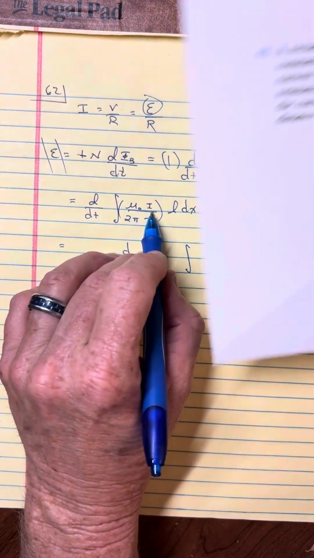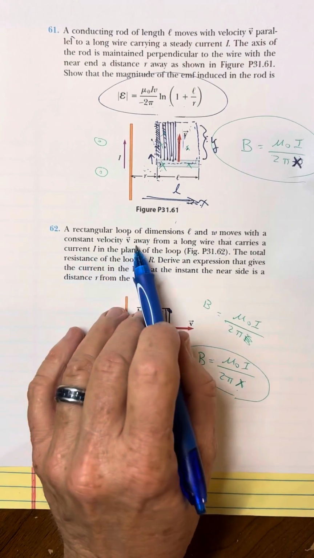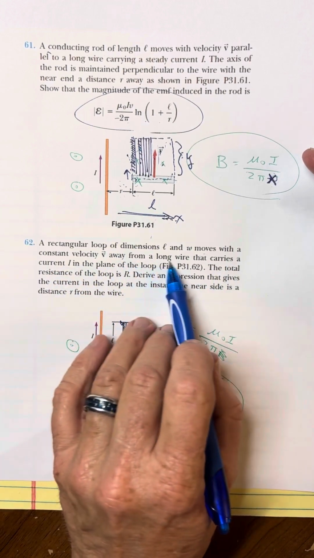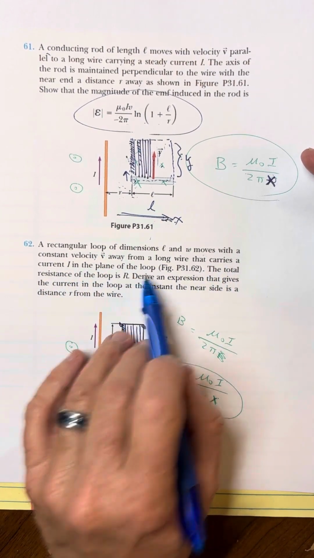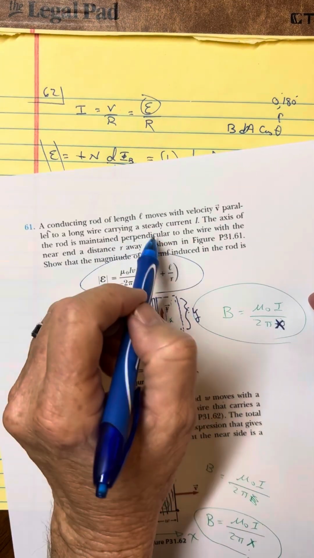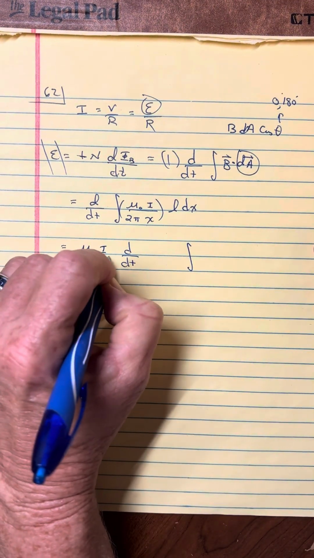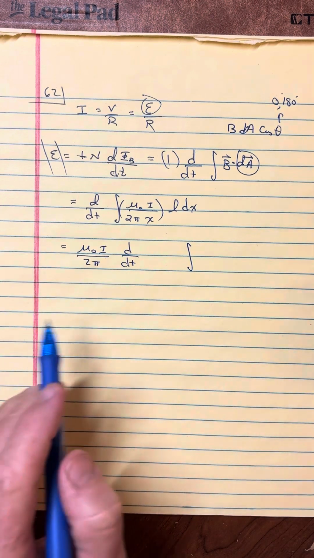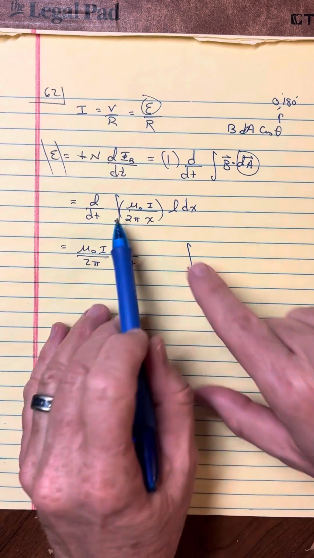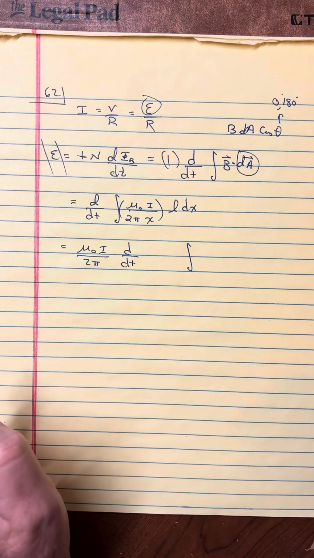And I believe they said the wire carries a current I. They could do a little better by saying it's a steady current like they did up here. But I think they are definitely implying that the current is steady. And so the current does not change with space and does not change with time. And so I will move the current in front of both calculus operations.